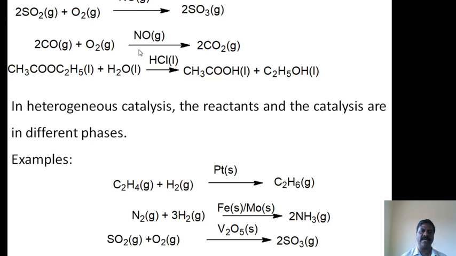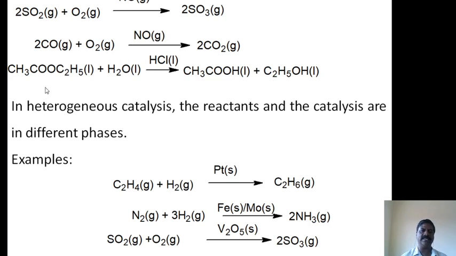Another one is the conversion of carbon monoxide into carbon dioxide, passing oxygen gas. Here both reactants and nitric oxide are all in the gaseous state, hence it is called a homogeneous catalyst.